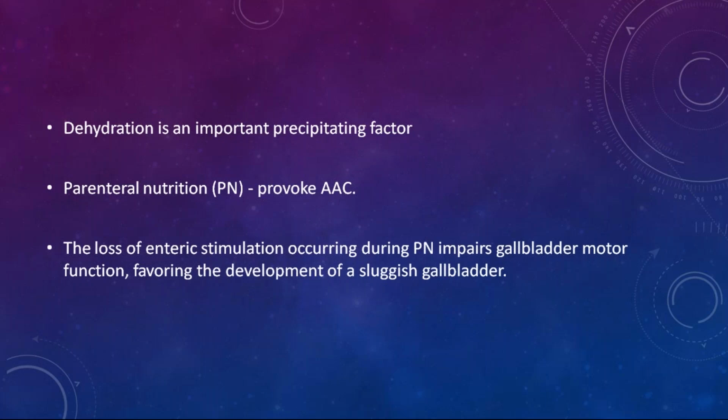Long bedridden patients and those who underwent major intestinal anastomosis and so on are kept on parenteral nutrition, where carbohydrates, proteins, and lipids are transfused into the circulation. So in long-standing TPN, there is a chance of developing acalculous cholecystitis in such patients.